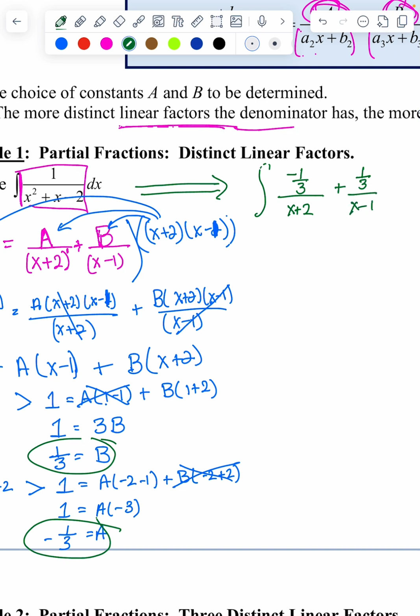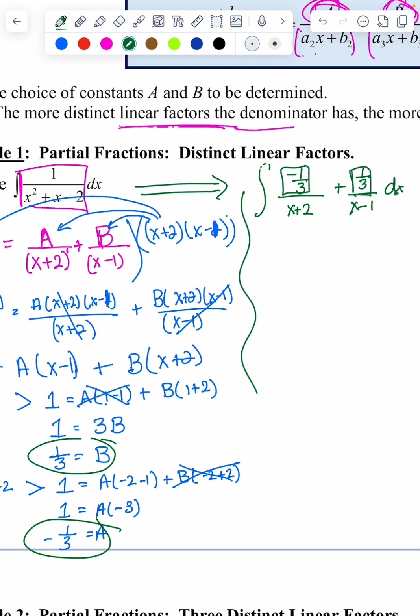And you have to leave it like this, the negative 1/3 and the 1/3. You do not want to simplify this and rewrite it as negative 1/3 times, right? Flip the guy and multiply. Don't simplify this. Leave it as is, because the A is what's important and the B is what's important.